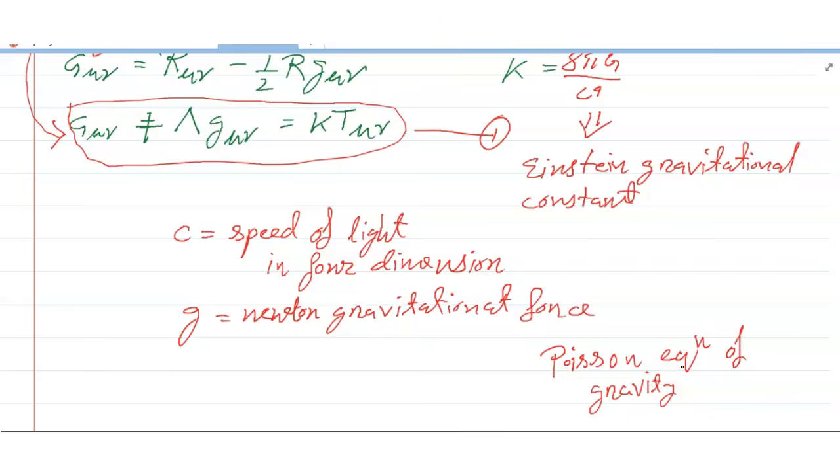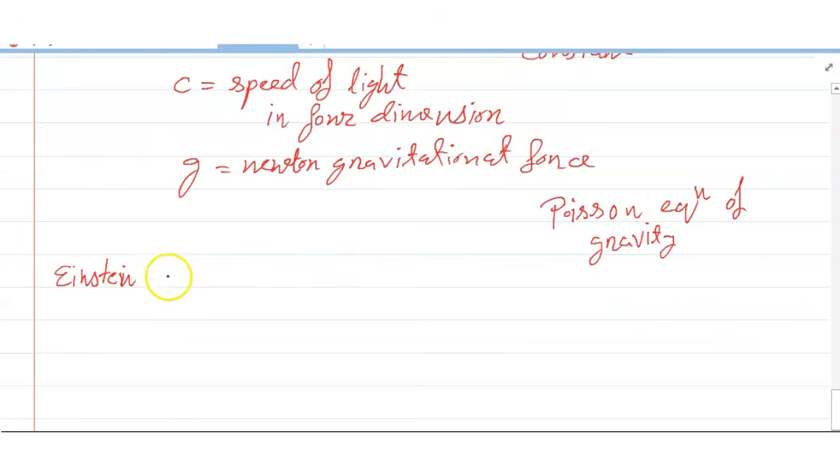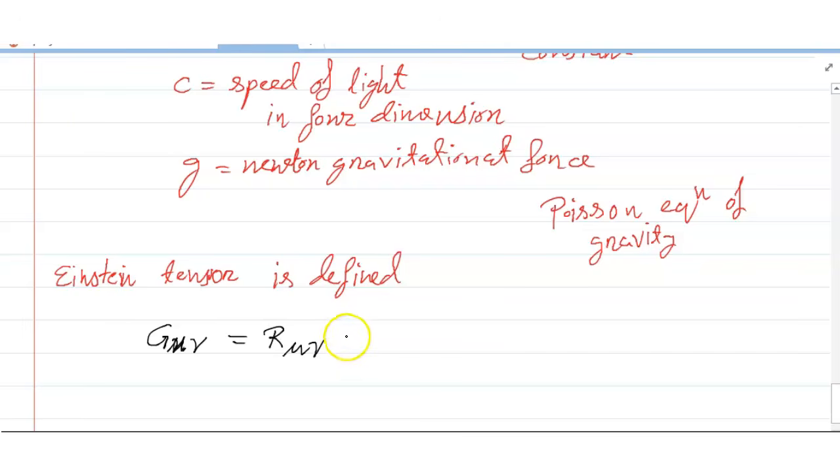Now Einstein tensors. Einstein's tensor is defined as G mu nu equals R mu nu minus half R g mu nu.